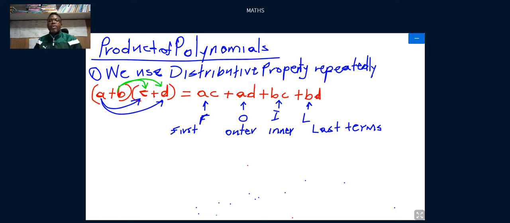We are talking about the product of polynomials. I hope you can see this distributive property keeps coming back. The properties of real numbers, they come back again and again and again.